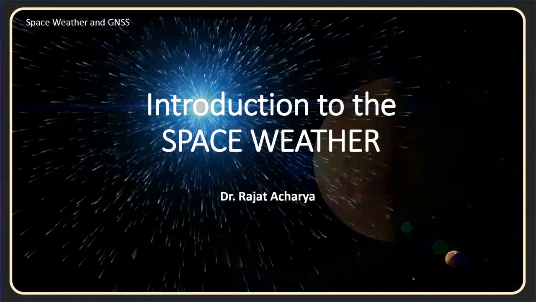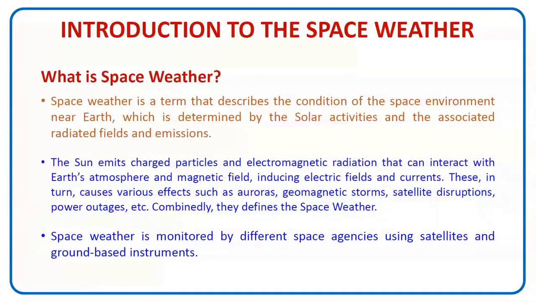To begin with, let us understand what is meant by space weather, the basic definition. We all know what weather is. Whenever we say weather, we talk about the local weather which we find on the surface of the earth, the tropospheric weather. This weather is a short-term local phenomenon. These two terms are very important: one is short-term, another is local.